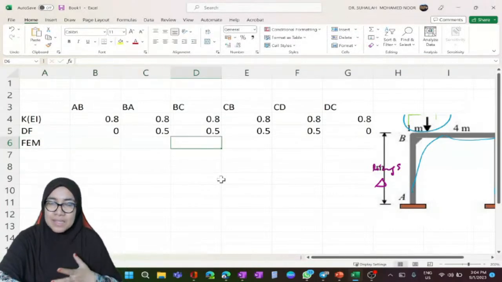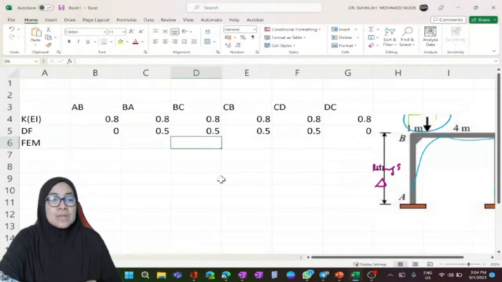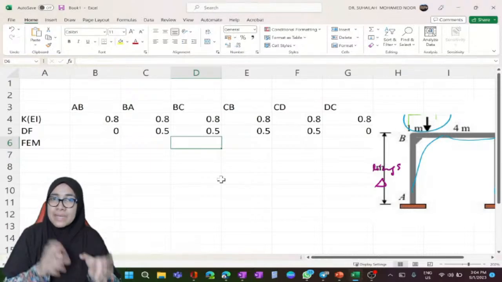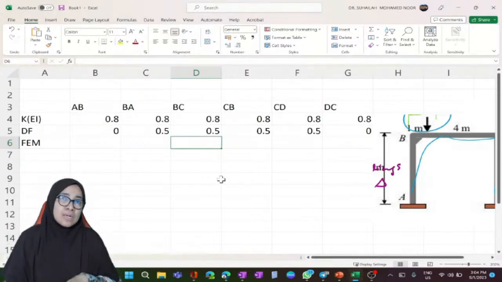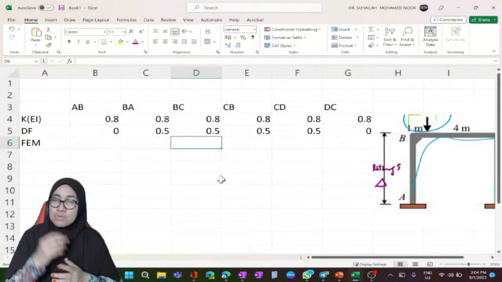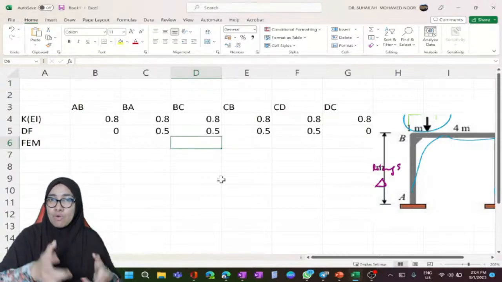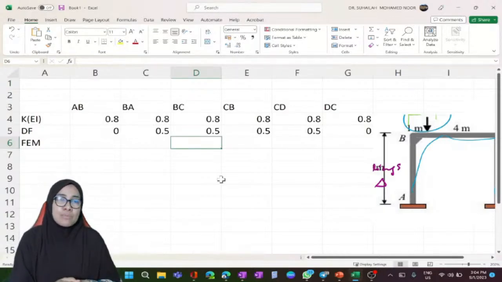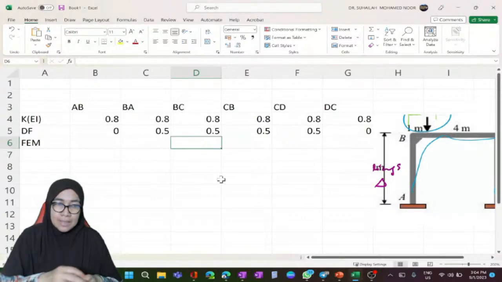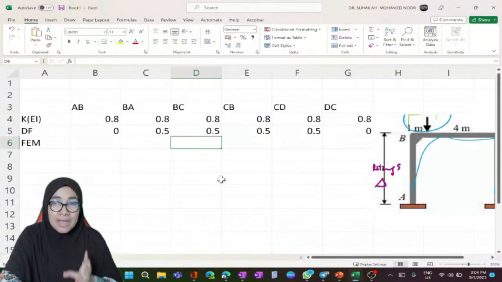One is negative, one is positive because FEM is behavior. The moment will push member BC back to the straight position, because due to loading the beam will bend. So we have to apply a moment to counter it.